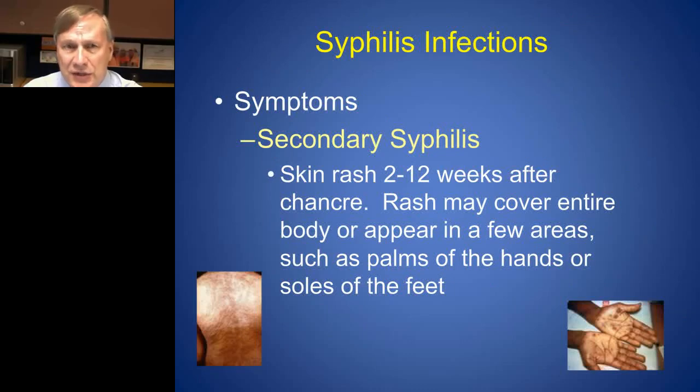In secondary syphilis, we see the characteristic skin rash, somewhere in the range of 2 to 12 weeks after the disappearance of the initial chancre. When the chancre dries up and goes away, skin rash is the next thing that comes along in secondary syphilis. This rash may cover the entire body, or it may just appear in a few areas, such as the palms of the hands or soles of the feet, and not be widely recognized.